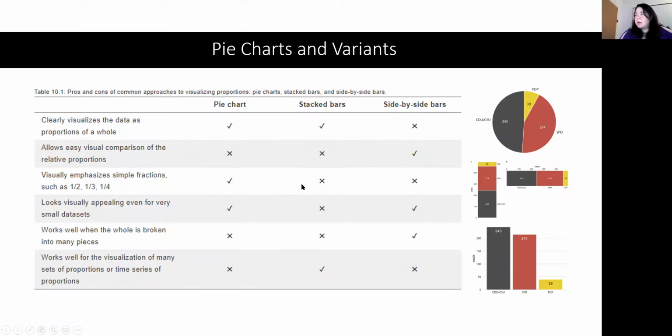So yeah, some good practices that they've shown here is that all the pieces are labeled as part of the chart. You don't have to look anywhere else for a legend or anything like that.